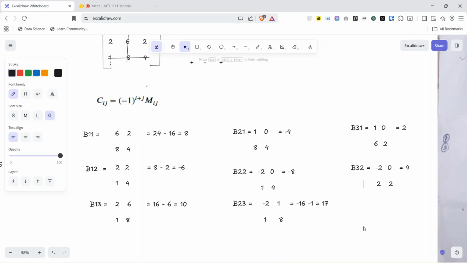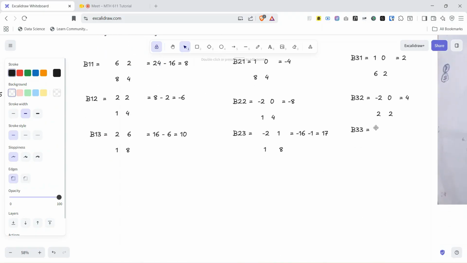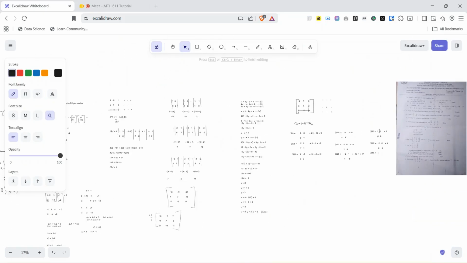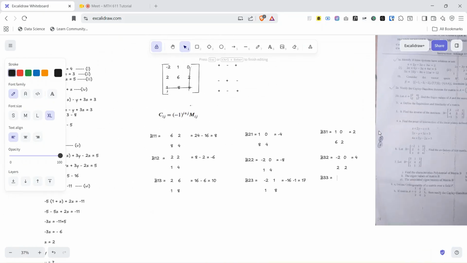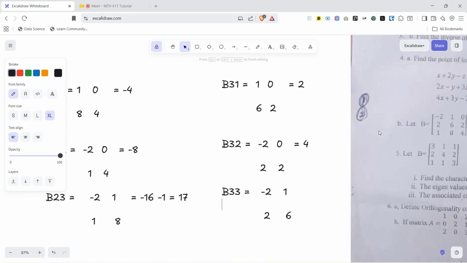Then B33 would now be equals to the determinant of minus 2 1, 2 6, which will be equals to minus 2 times 6 is minus 12, minus 12 minus 2, which will now be equals to minus 14.